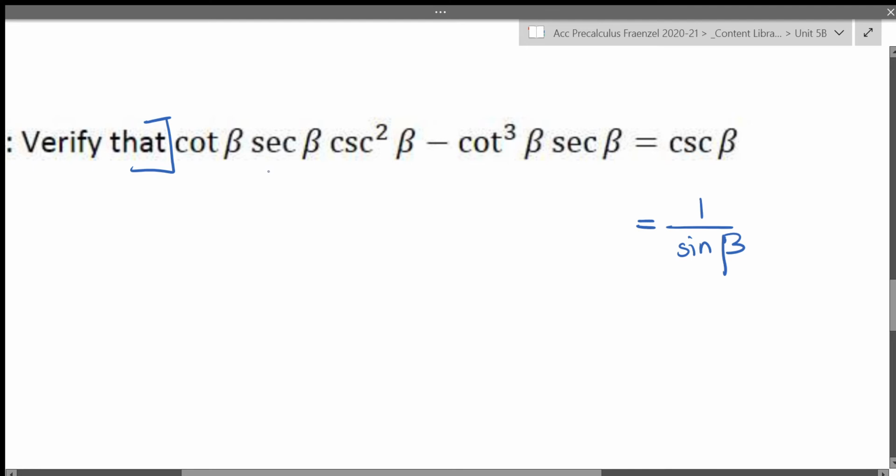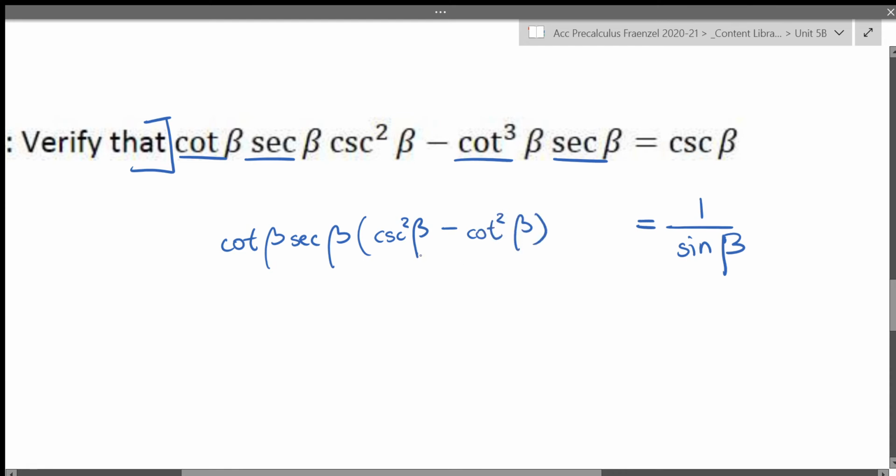Would that really help us? Oh, we can factor cotan beta and secant beta, since both are in here. So let's do that. Cotan beta, secant beta. What's left here is cosecant squared beta minus cotan squared beta.